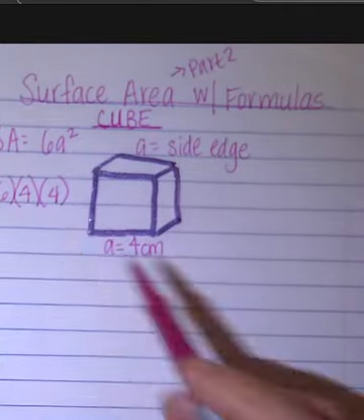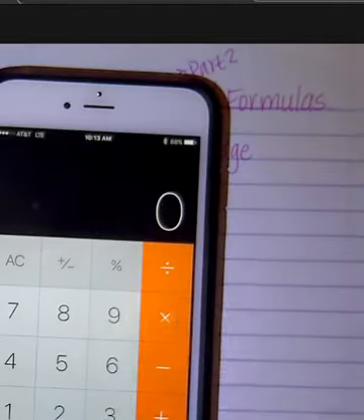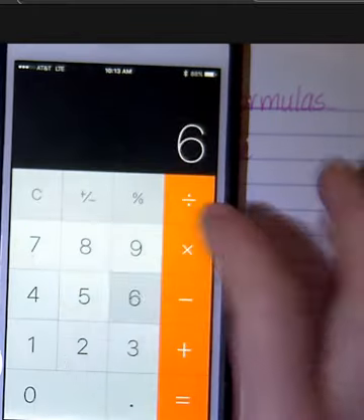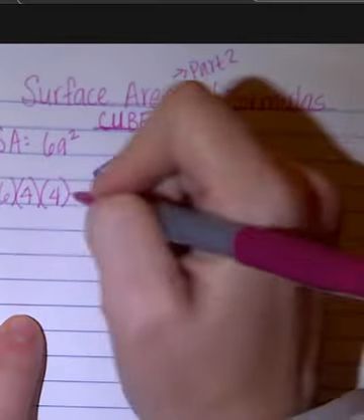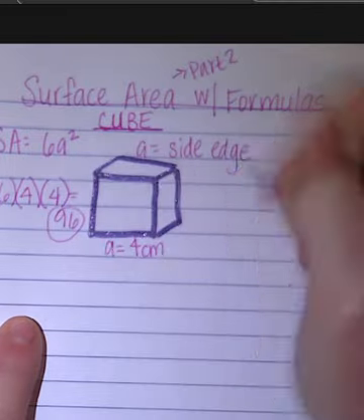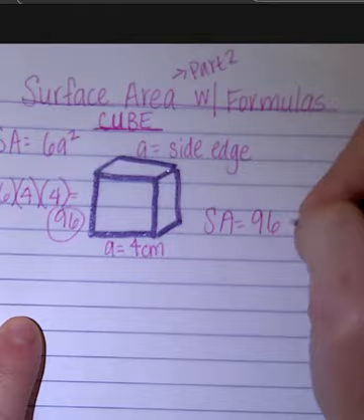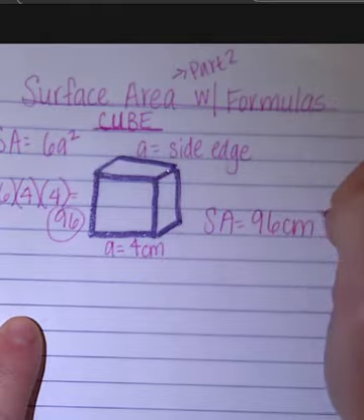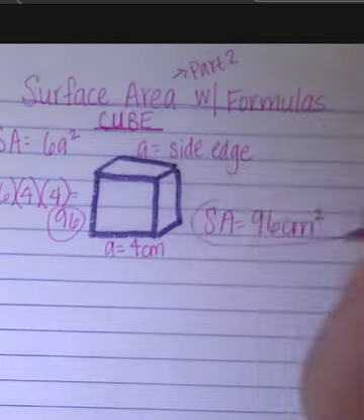So I can use my calculator, and I get 6 times 4 times 4 equals 96. That is my answer. So the surface area is 96 centimeters squared. Okay? Now, I circle that as my answer.